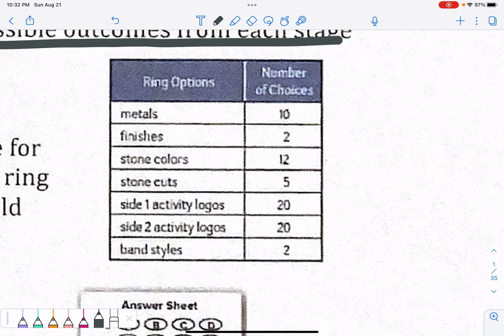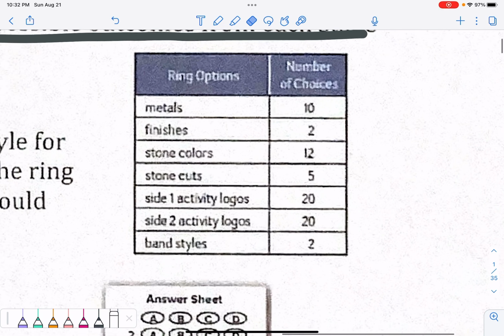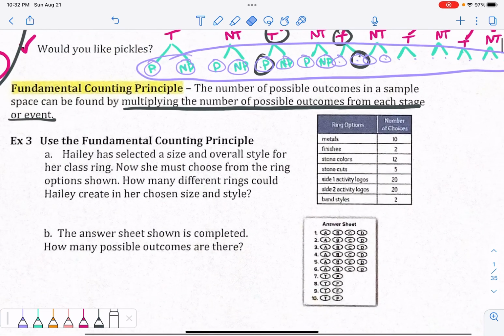There are 2 different kinds of finishes, 12 stone colors, 5 cuts, and then there are activity logos. So you can have a volleyball on one side, or a BH, or a National Honor Society on one side, whatever. And then you have 20 different activity logos that could go on the other side, okay? And then band style, maybe a wide band versus a narrow band, something like that, right? So there's all of those things, okay?